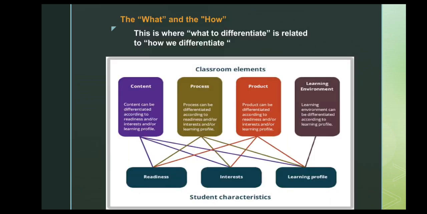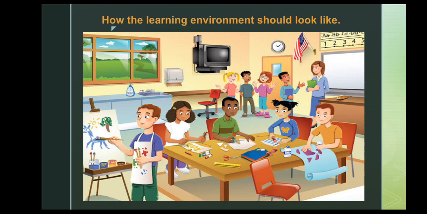Okay, and here is the relationship between what we need to differentiate and what we need to consider. We need to consider all these four factors in relation to the student's characteristics, which are the readiness, the interest, and the learning profile. Okay, here we have a learning environment. This is an example of how a differentiated learning environment should look.